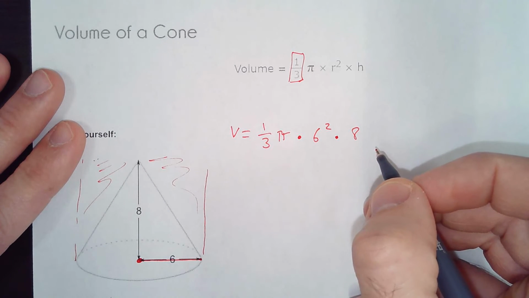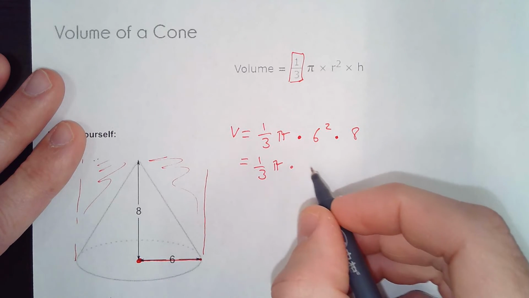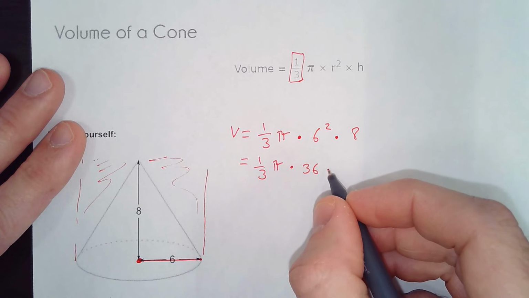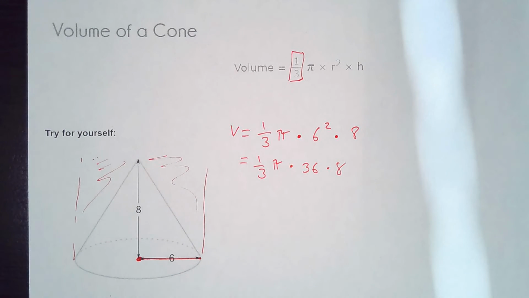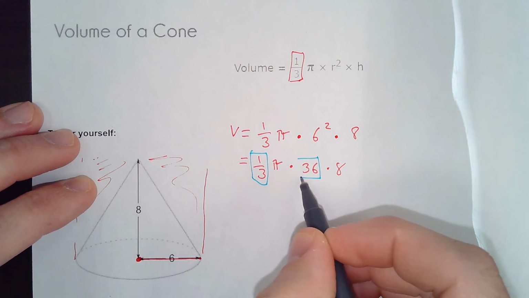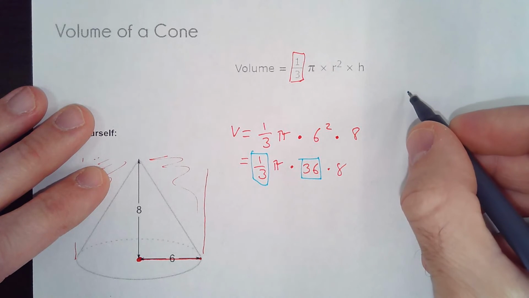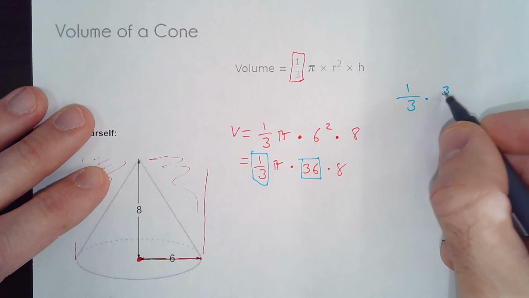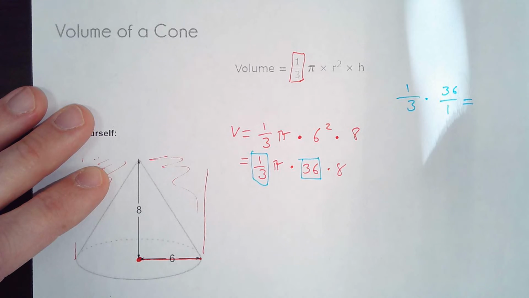All right, so let's start to simplify this. Volume equals 1/3 pi times 6 squared is 36 times 8. Now keep simplifying it. Let's just look at 1/3 times 36. When we multiply fractions, we would turn that into a fraction, and this would become 36 over 3.